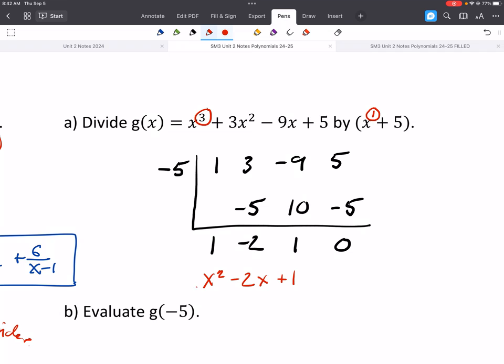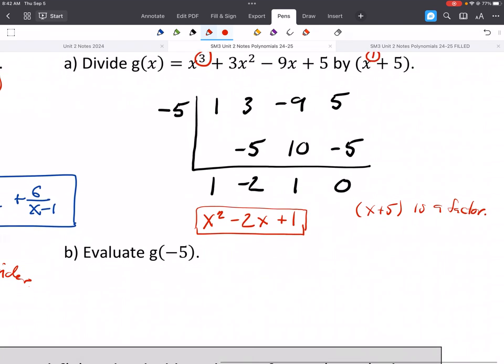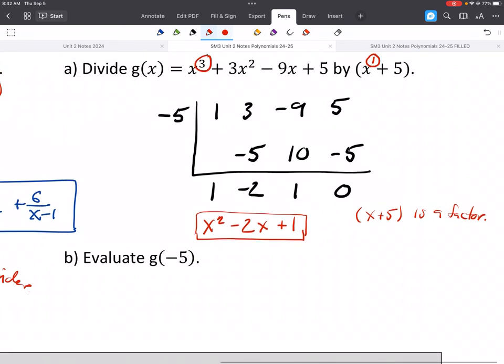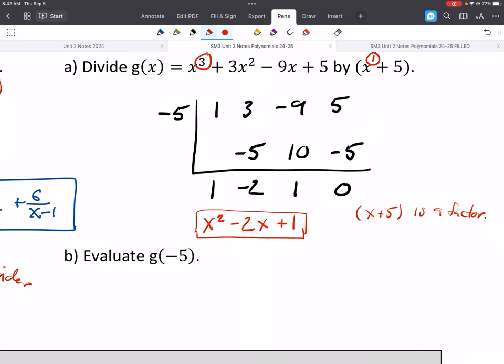I know in the past we've mentioned that if there's no remainder, then we know that x plus 5 is a factor of that function, g of x. Now let's evaluate the same thing. You probably should expect what you'll get, but let's see.